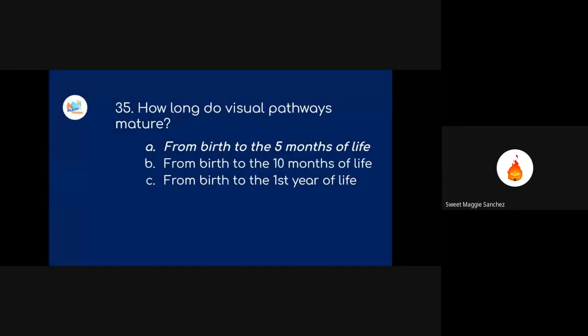Okay. Number 35. How long do visual pathways mature? It's actually somewhat fast. It's letter A, from birth to 5 months of life. So yung visual pathways, ito yung connection sa brain, sa eyes, yung parang crisscross.